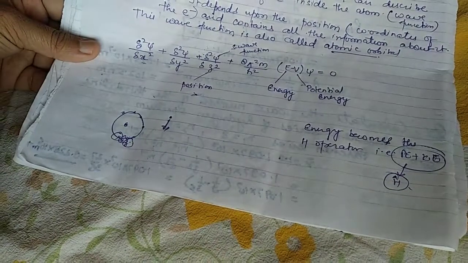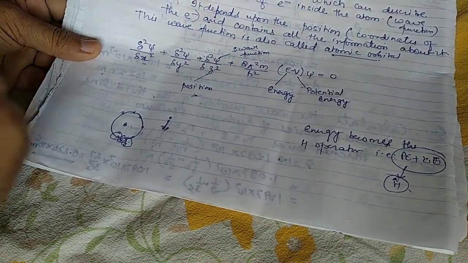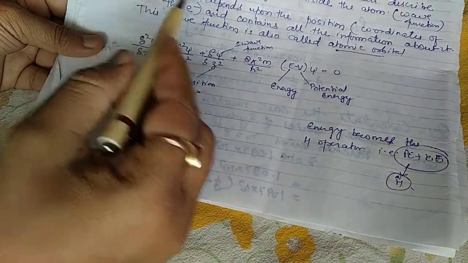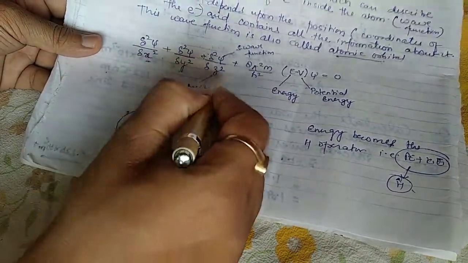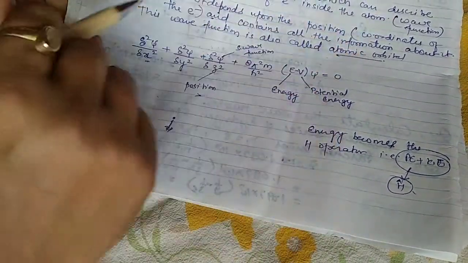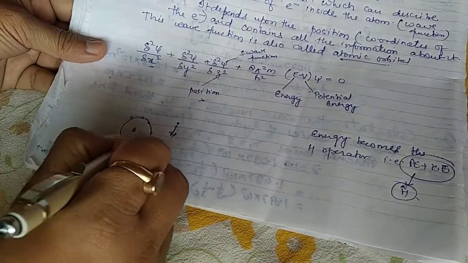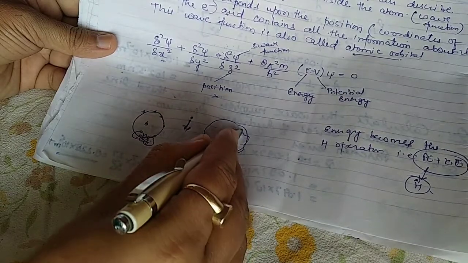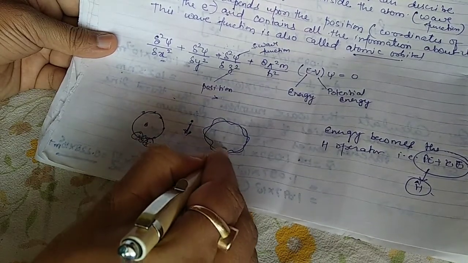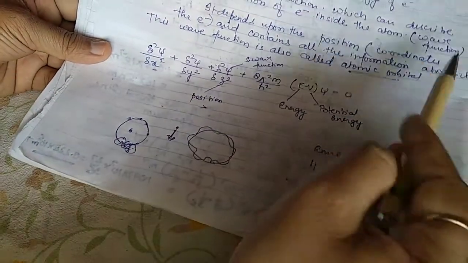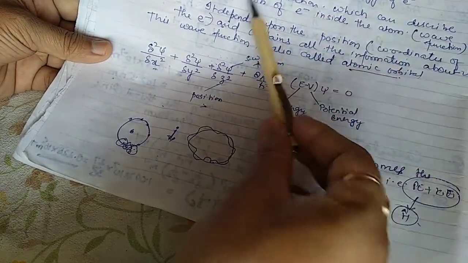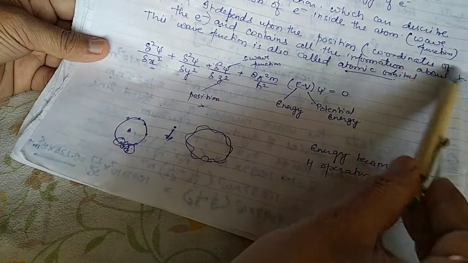This is not in your course, but for your understanding I explained it. This is the Schrodinger wave equation. You can see it explains all the x, y, z, energy, everything of the particle. And the particle is moving in a round path like this, like a wave. So this psi is the mathematical function which can describe the motion of the electron inside the atom, or the wave function.